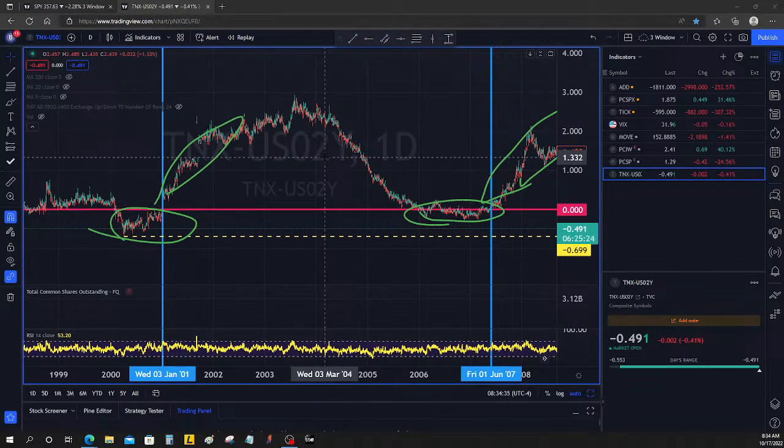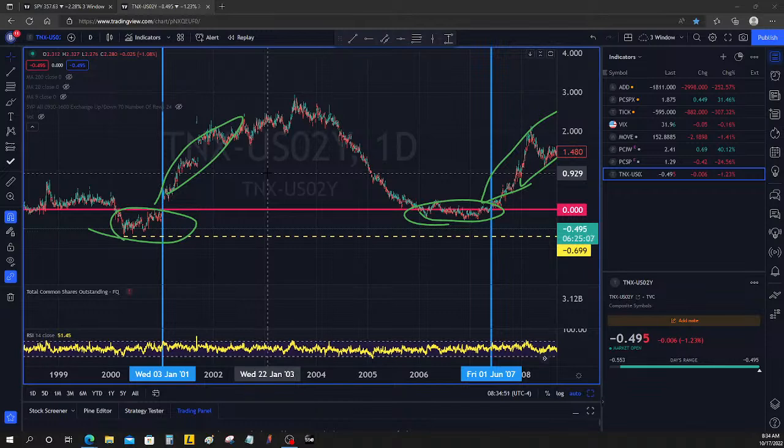And actually, there's bills, notes, and bonds. I think the 2 year is a note. I don't remember exactly. There's a time frame for the difference between bonds, notes, and bills. I think bills are the shortest term.